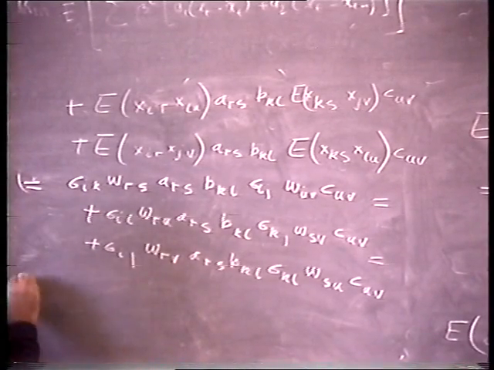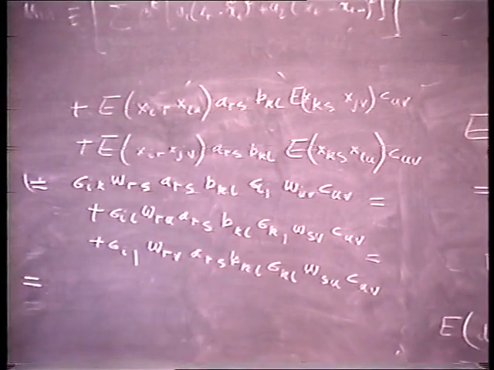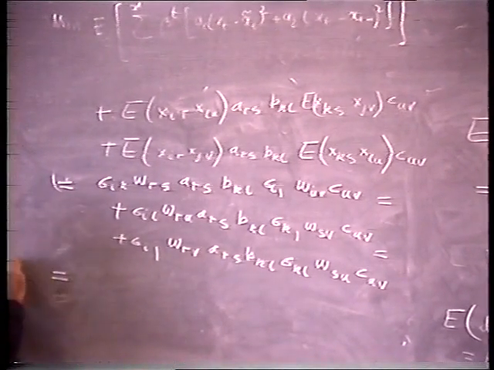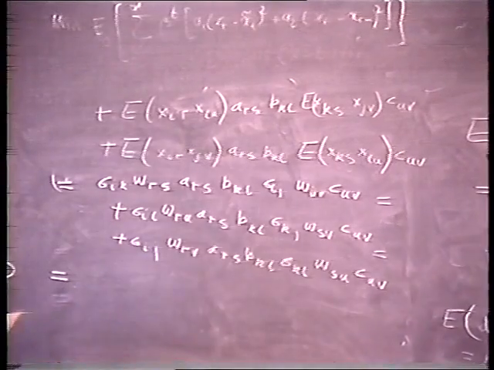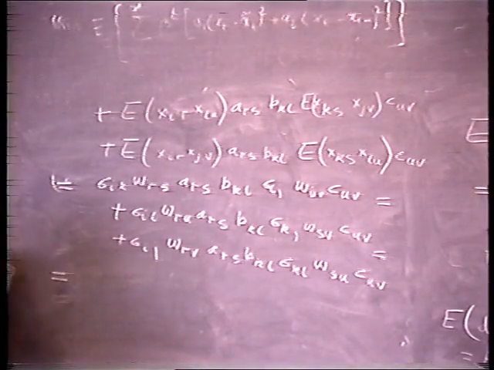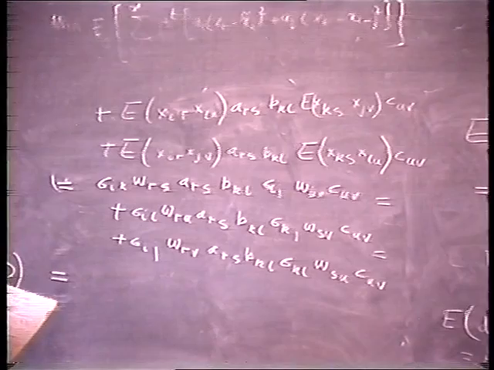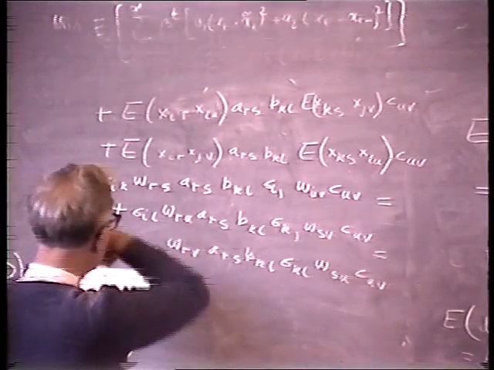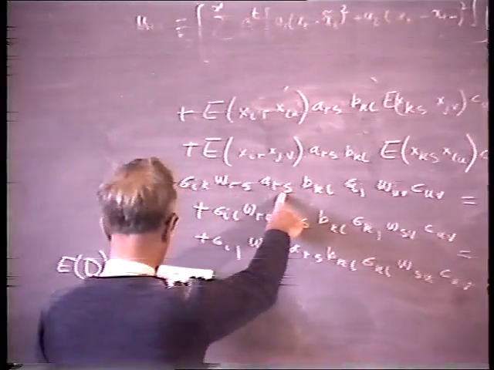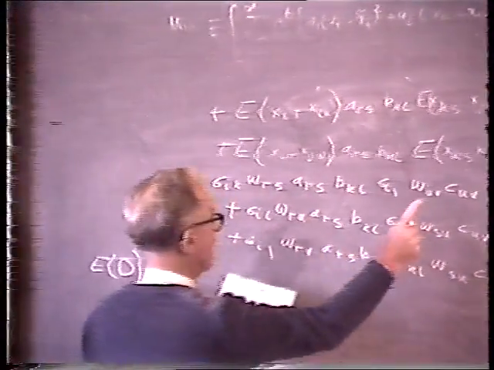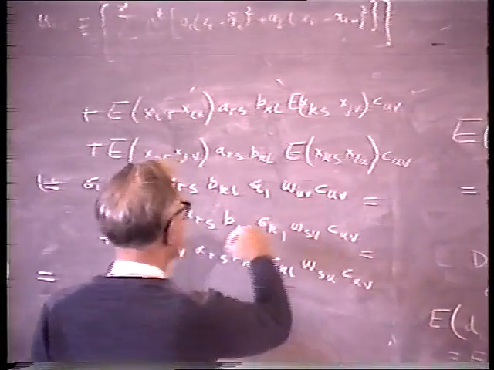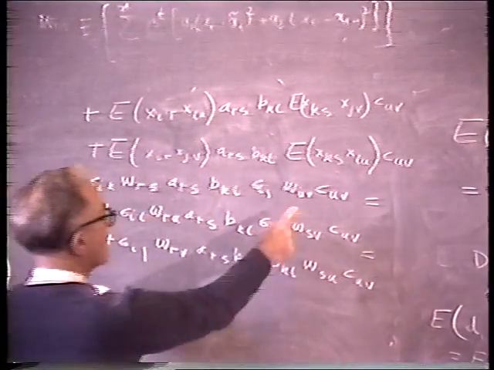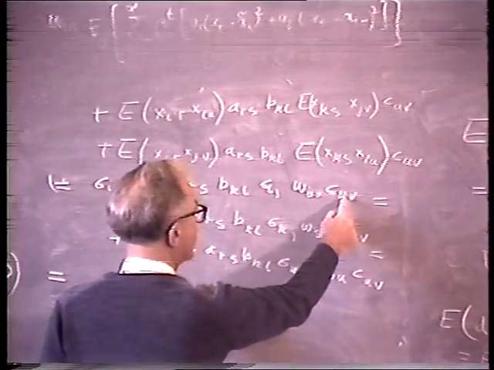Okay, well, let us then translate this back into what expectation D would be. And you see that because we've got an omega RSY and A, yes, we have two formulae of the following kind: omega UV C UV.